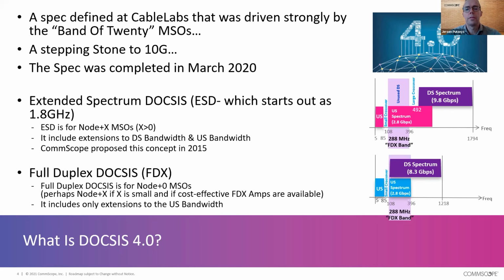The second flavor is Full Duplex DOCSIS, FDX. FDX maintains the RF spectrum up to 1.2 gigahertz, but it does include extensions to extend the upstream bandwidth. FDX is more targeted at N+0 networks, so HFC network architectures based on an N+0 target architecture.